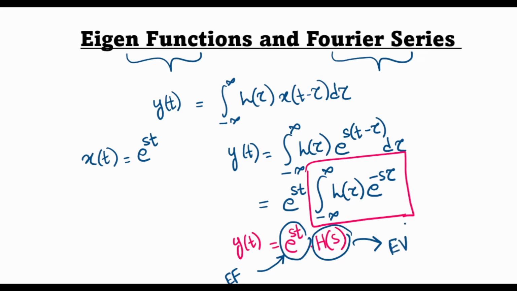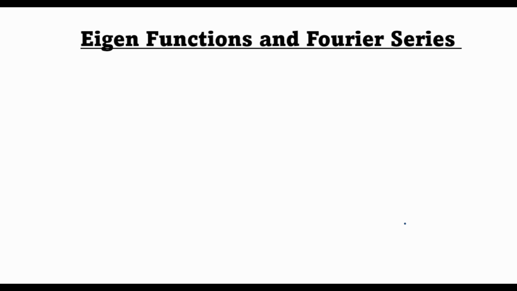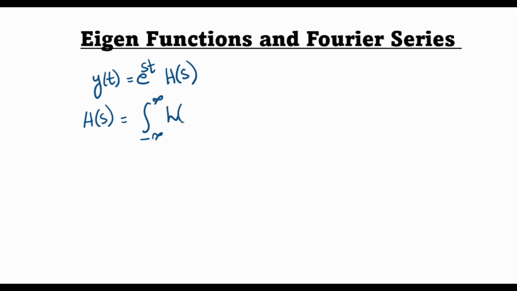So let's write this equation once again to bring the point home. We have y of t is equal to e to the power st times h of s, where h of s is equal to the integral from minus infinity to infinity of h of tau e to the power minus s tau.